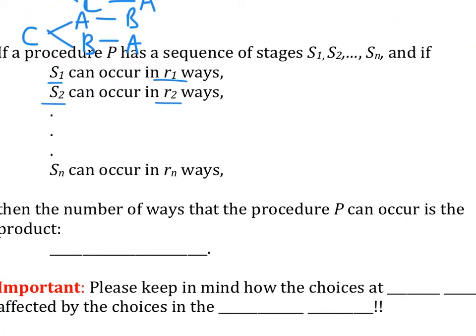Then the number of ways P can happen is R1 times R2 times ... Rn. So if you have this thing that happens in stages, this and then this and then this, you count how many ways it can happen in each stage and you multiply them all together. This is the multiplication principle of counting.